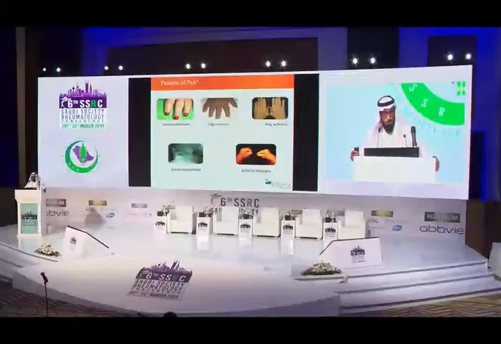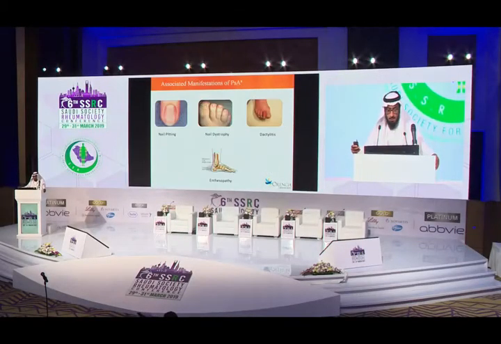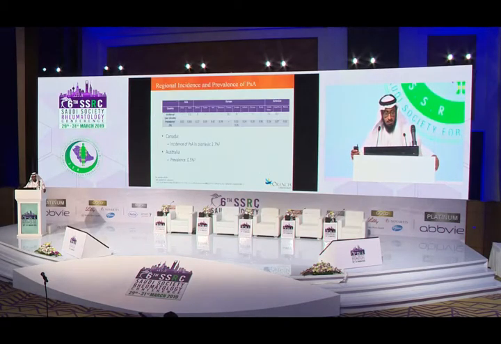When we are talking about psoriatic arthritis, we are talking about a very wide spectrum of musculoskeletal manifestations that include polyarthritis, oligoarthritis, DIP arthritis, axial involvement, arthritis mutilans, nail dystrophies, dactylitis, and enthesitis.